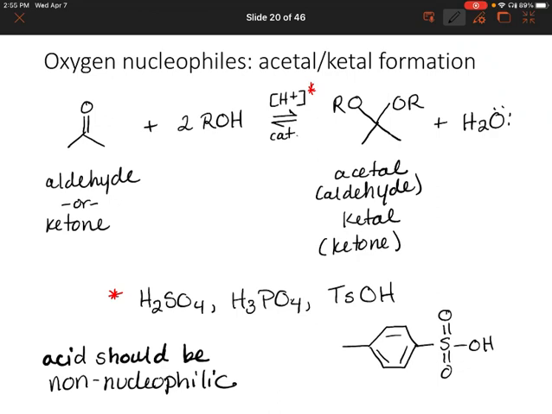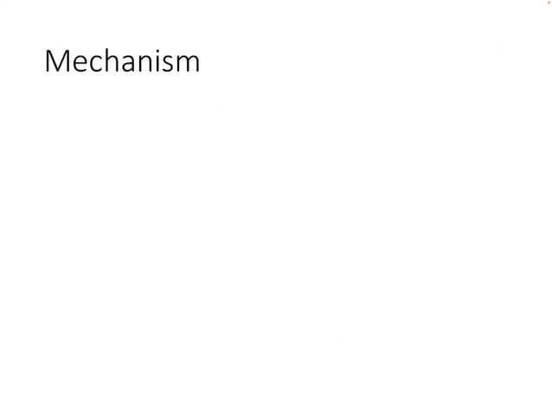So let's look at an example or a mechanism for this reaction. Okay, so let's start with our ketone and we're going to use acetone. So that has two methyl groups. And let's say the alcohol we're using is methanol. So pretty simple molecules, right?